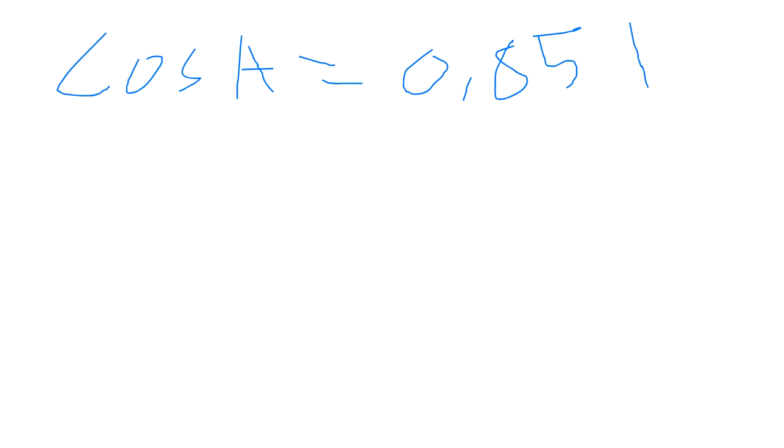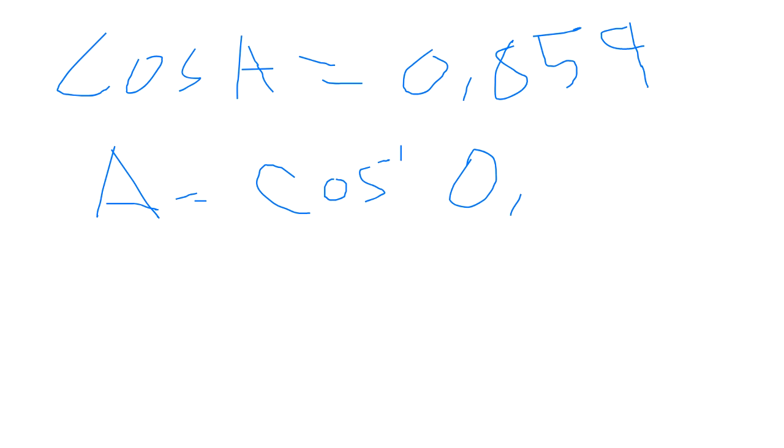On your calculator, we can find A equals cos inverse of 0.859. Then you can just punch it on a calculator. So you can do the rest. It's very simple and straightforward.